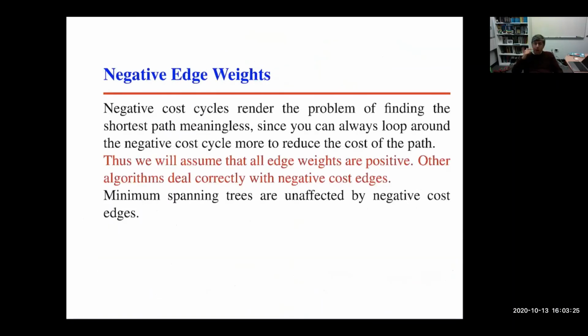While we're talking about caveats about graphs and shortest paths, one thing to note is that negative edge weights do bad things when it comes to the shortest path. Let's say I have a graph from S, and I'm going to go to this.